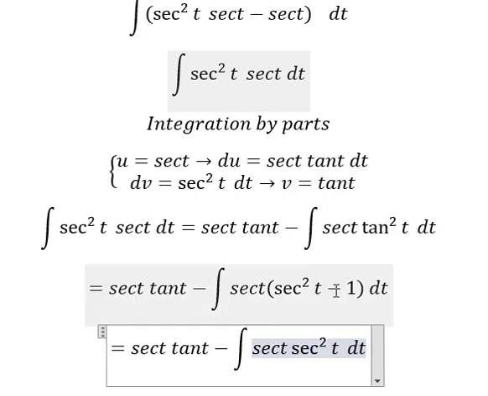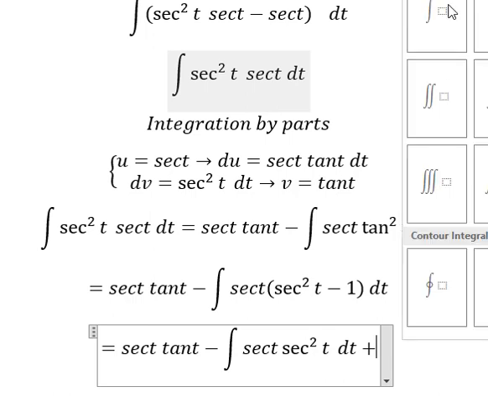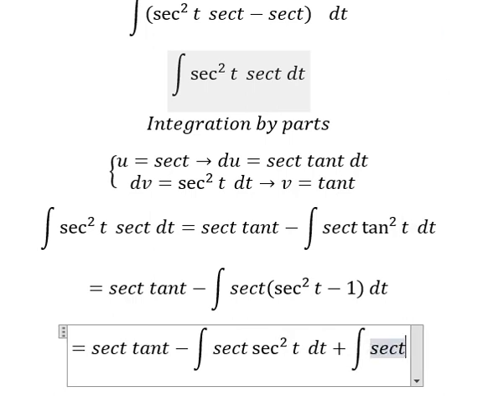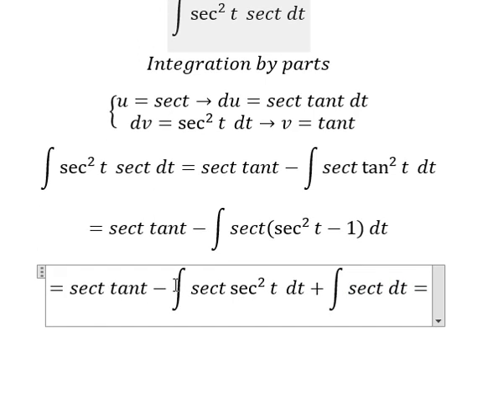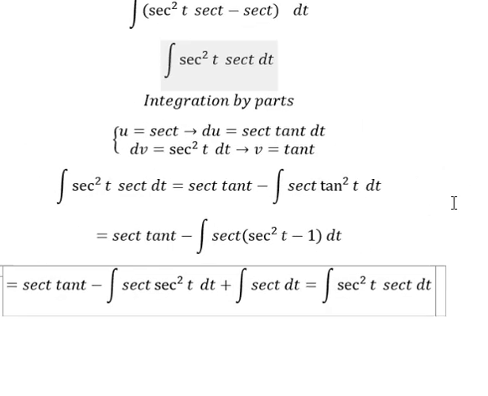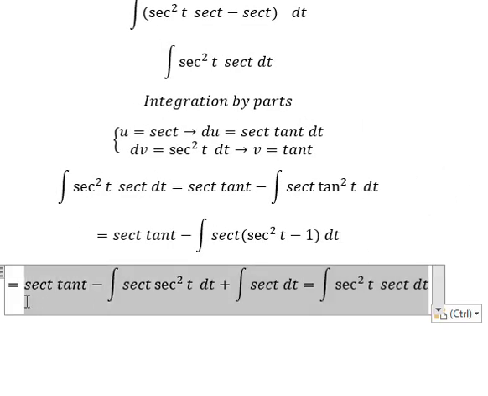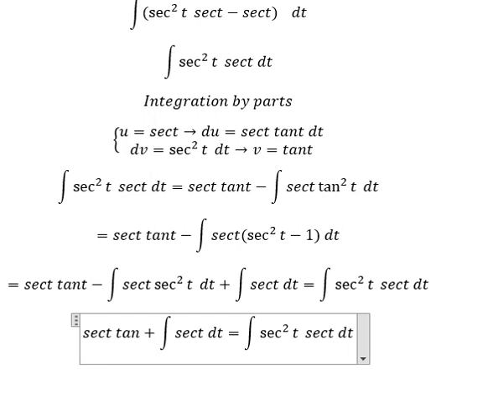So negative and negative, we have positive. So we know that this one equals this one. So I will put this one to the left, go to the right.